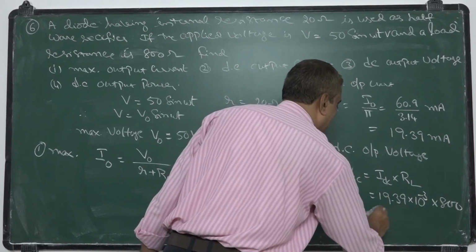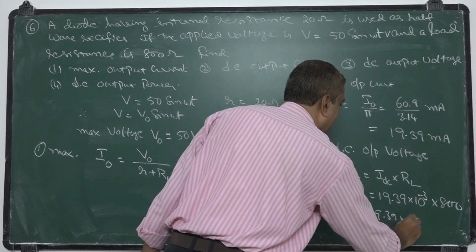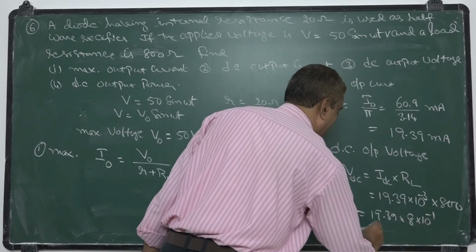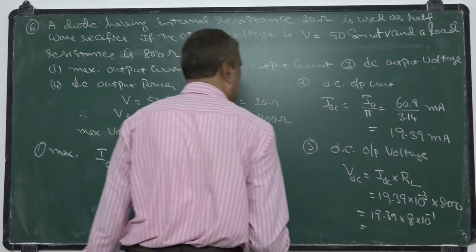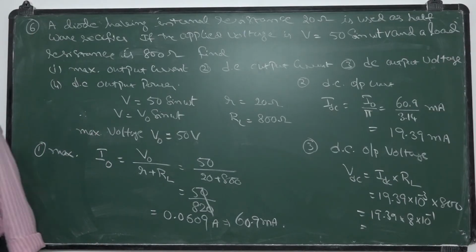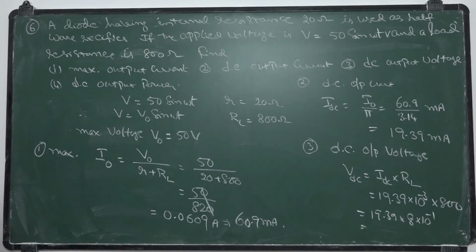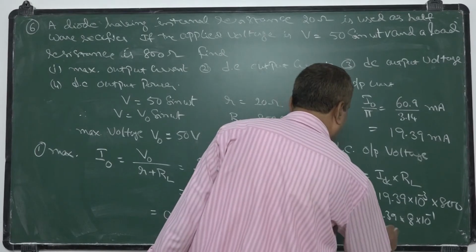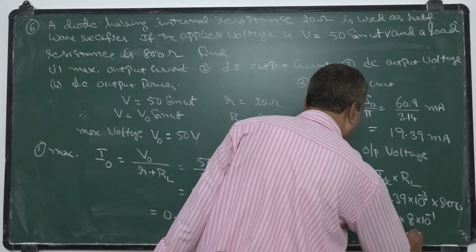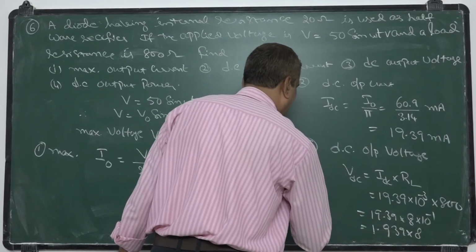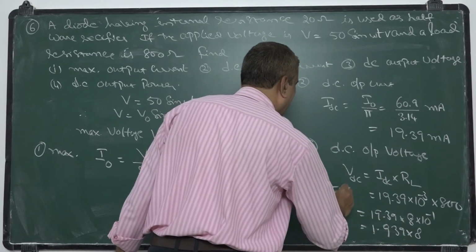So this is 19.39 into 8 into 10 power minus 1, or we can write 1.939 into 8. So this is approximately 15.51 volt.